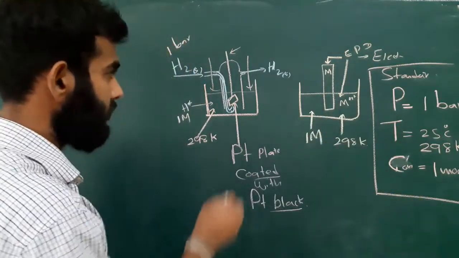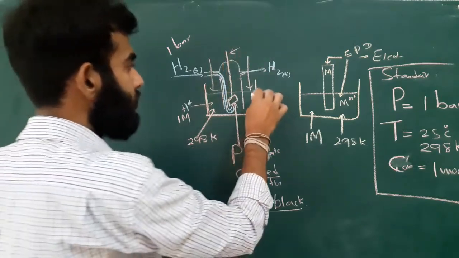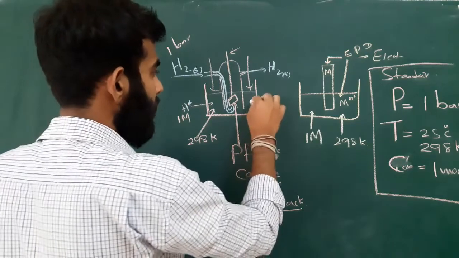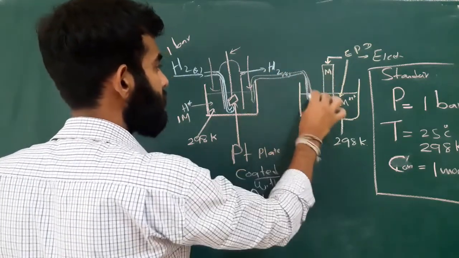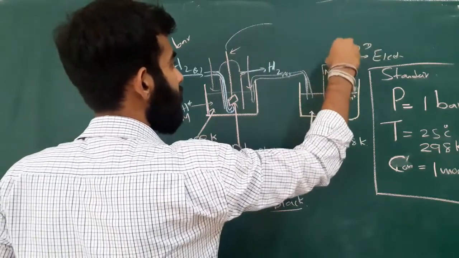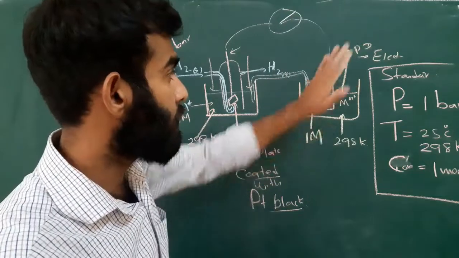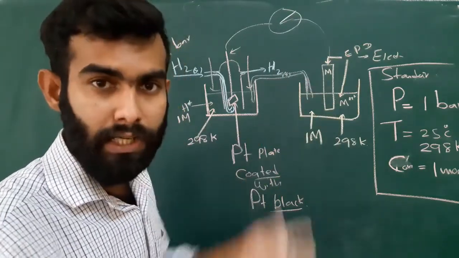Okay. Now, by using this standard hydrogen electrode, we can measure, using a salt bridge and a particular instrument, the electrode potential of our own electrode.